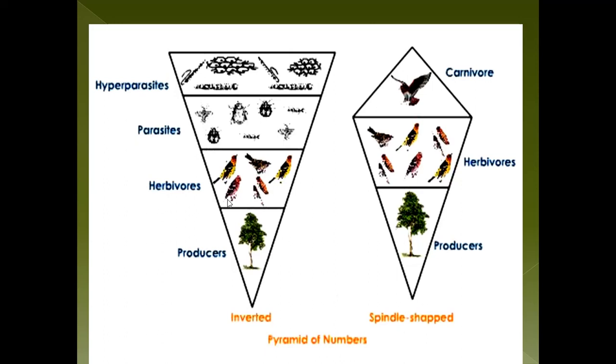Up to the primary consumers, herbivore level, you see that the pyramid is widening from the pointed producer to the herbivore. Up to that, it appears as if it is an inverted pyramid, but when we take up a single hawk there, again its shape changes, so it becomes spindle shaped. So that means the pyramid of number may be upright, inverted, or spindle shaped, depending on the number of organisms at different trophic levels.